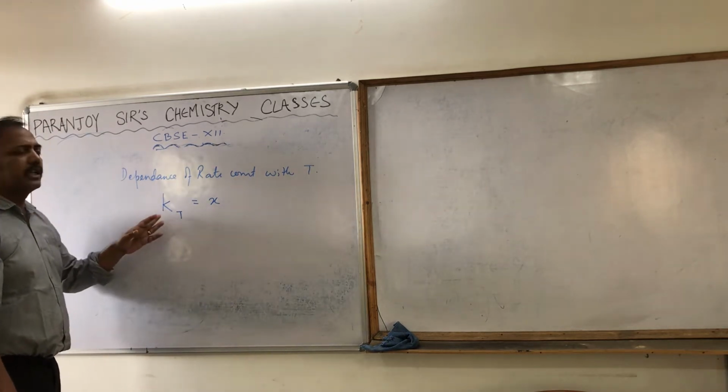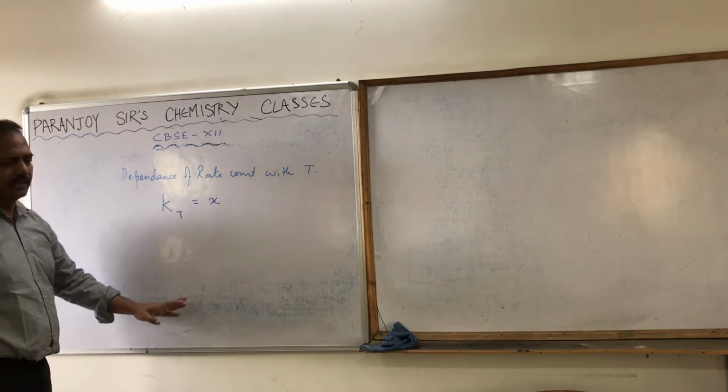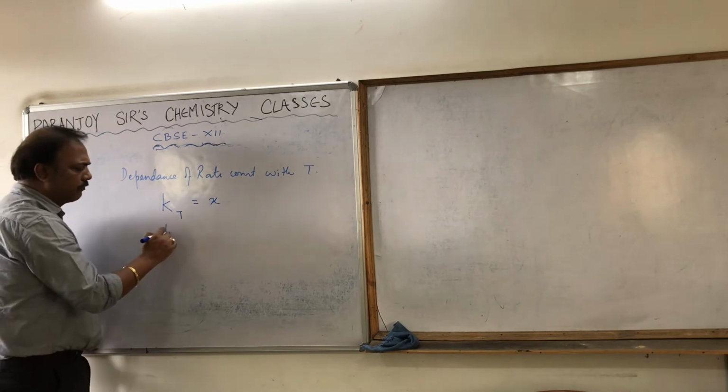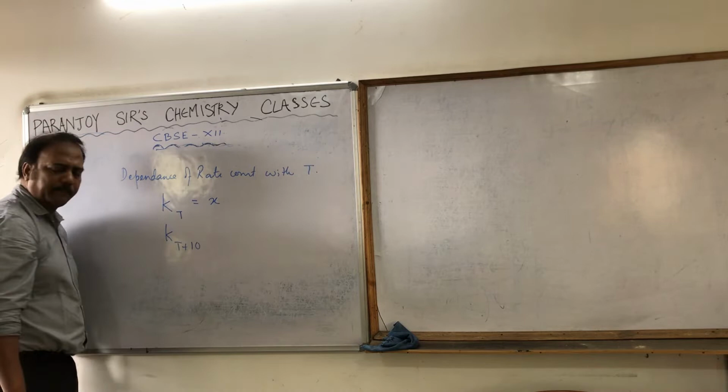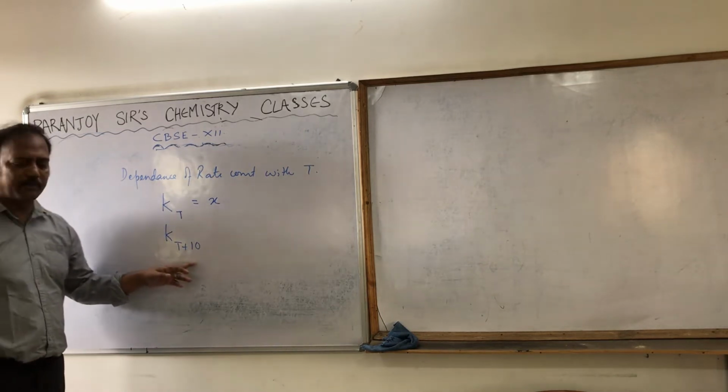So if we change the temperature by 10, the new rate constant will be K at T plus 10.